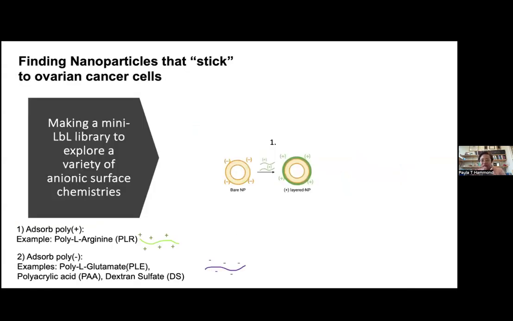So we decided that we would try to address this by first understanding which nanoparticles are going to have a high affinity or stickiness to the ovarian cancer cells. And in doing this, we decided we'd make a library. We look at a bunch of different outer layers, and we did this by taking liposomes that were negatively charged.